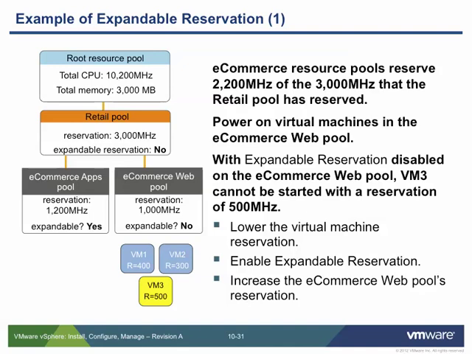So look at a couple examples here. In this case, let's look down at the right-hand side. The e-commerce web pool has a reservation of 1000 megahertz, and the reservation is not expandable. So that means any virtual machines or even resource pools nested under that e-commerce web pool will not be able to use any more than 1000 megahertz.